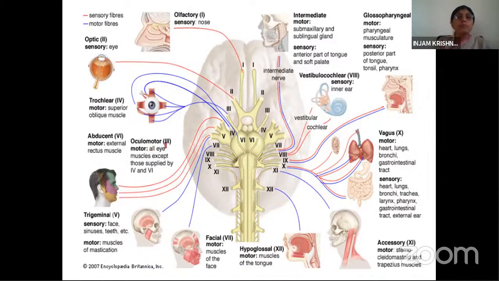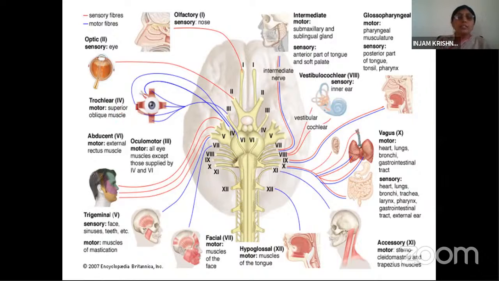It is motor. The first 2 are sensory nerves. Oculomotor is motor, and then the fourth one is trochlear. This is also motor. These two pairs are connected with the eye only. Oculomotor is connected with all eye muscles, and trochlear with the superior oblique muscle.